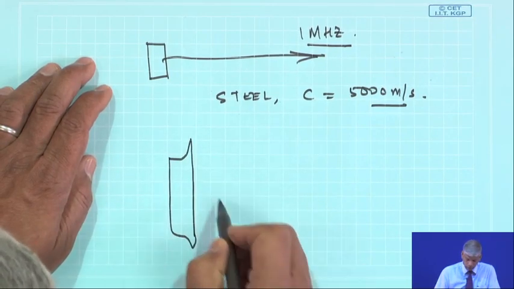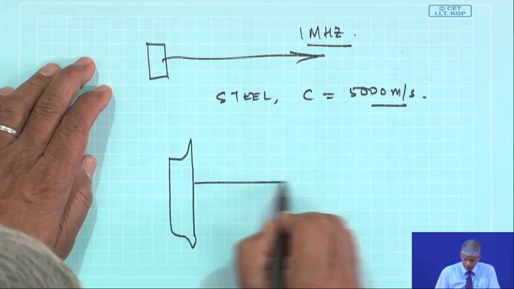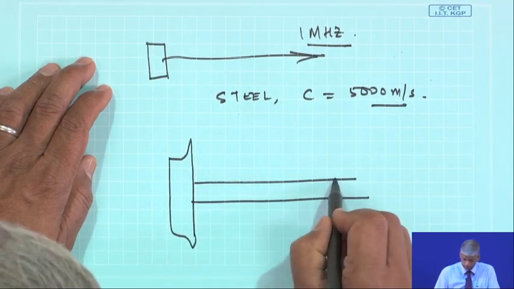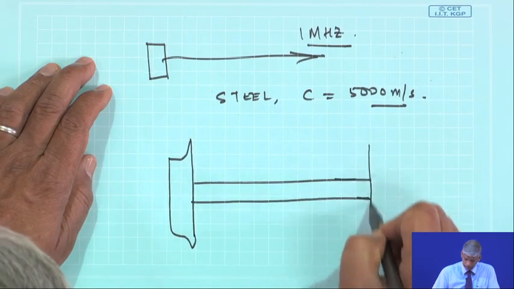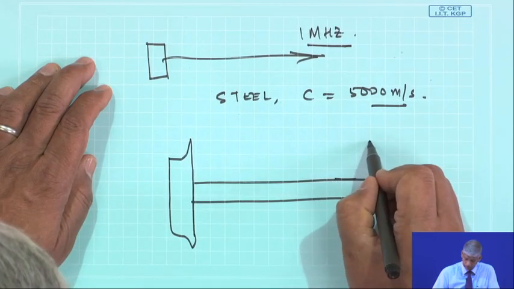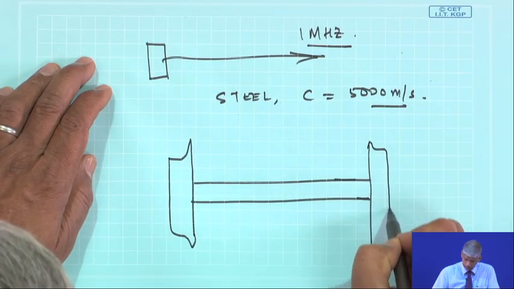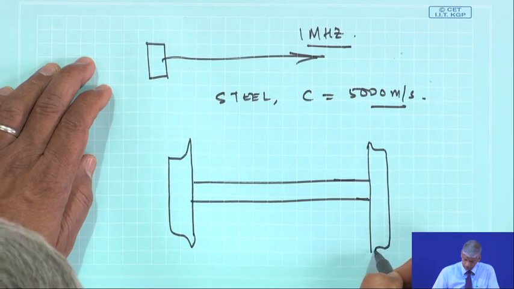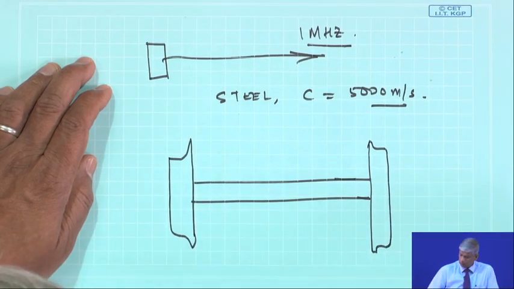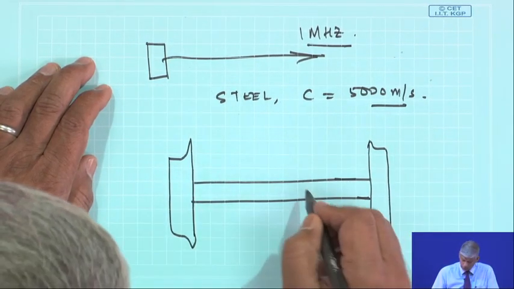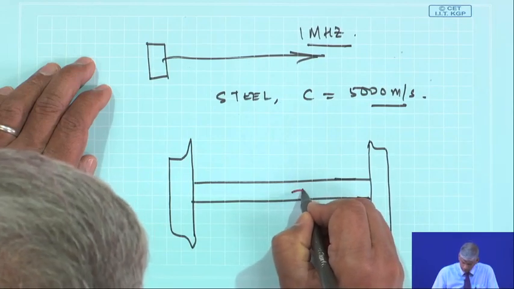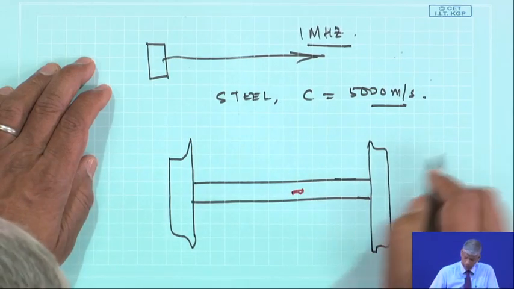Now, I will give you an example, a practical application. Say I have a railway wheel set. Now, imagine in this axle a crack has developed. Okay.